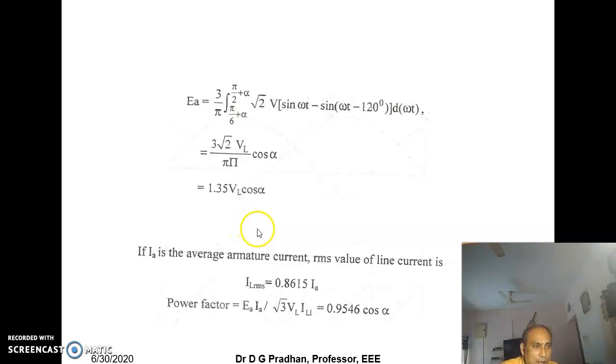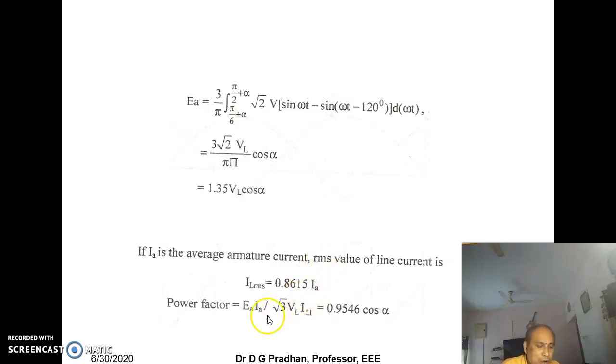If Ia is the average armature current, there is a relationship between the RMS line current and the armature current: IL RMS equals 0.8615 times Ia. Sometimes in numerical problems in the exam they may ask to calculate the power factor.